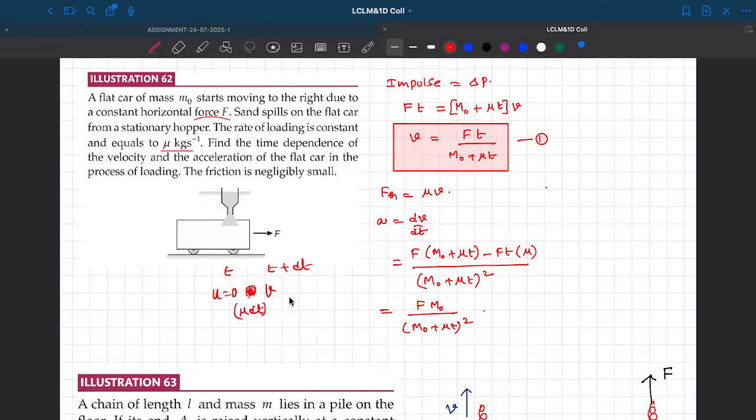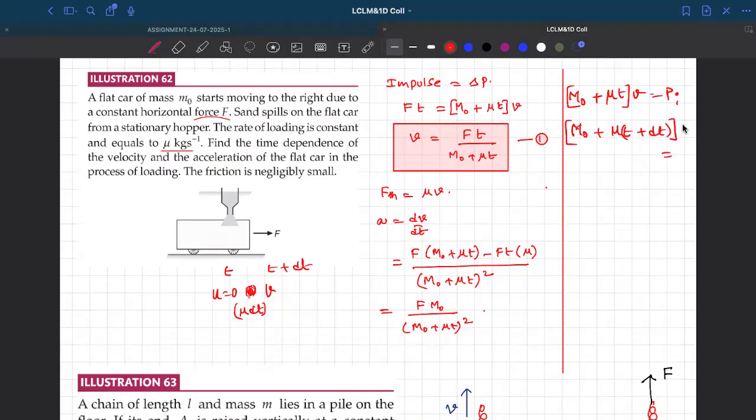So what is the change in the momentum? I will explain now. Prior to that, what is the momentum of the system just before this falls? It is m naught plus, whatever has fallen till that time, mu t, times v. This is the initial momentum. Thereafter, the momentum is m naught plus mu t plus dt, into v.